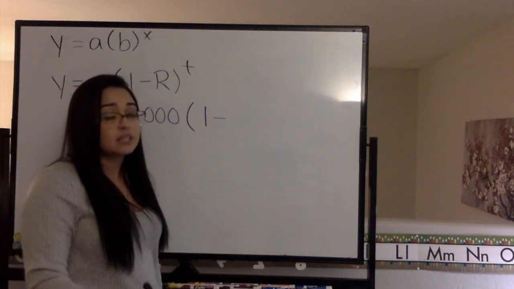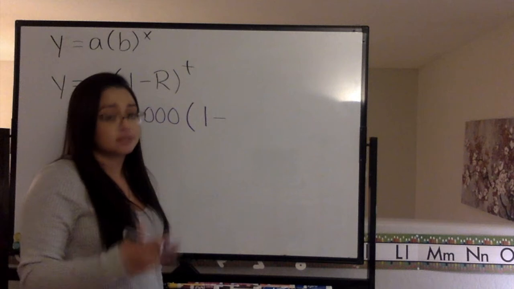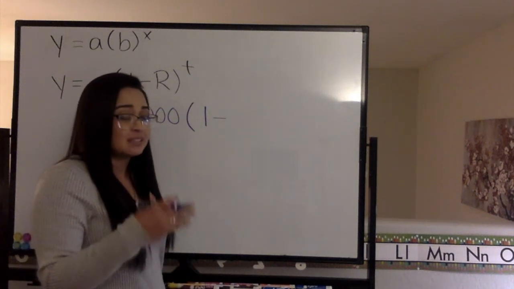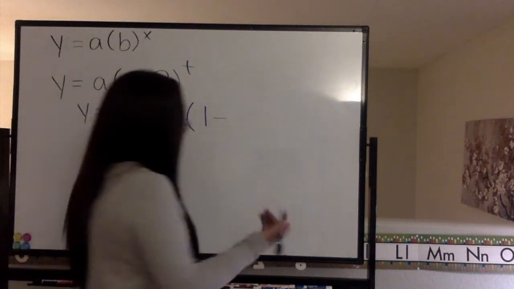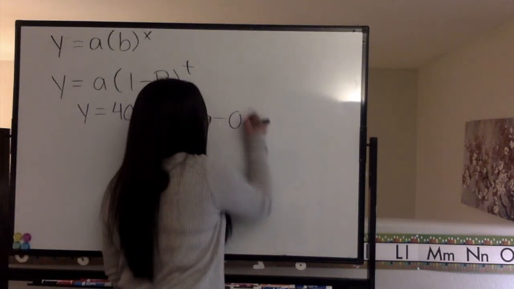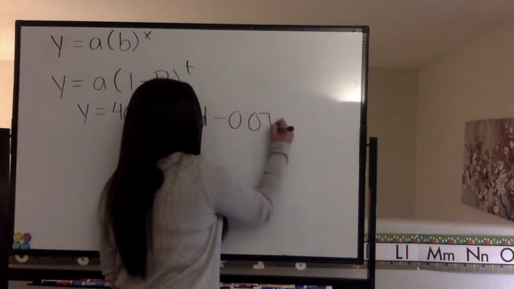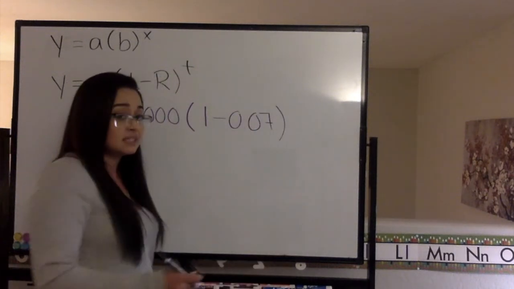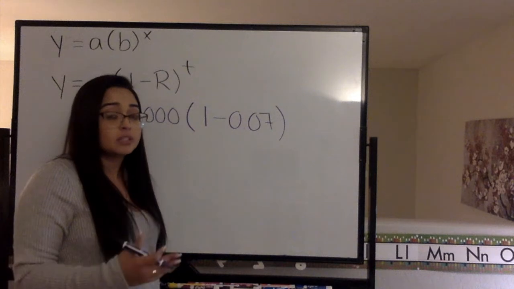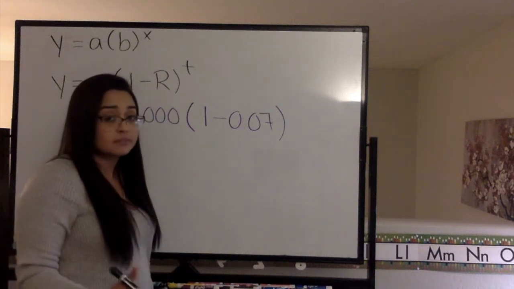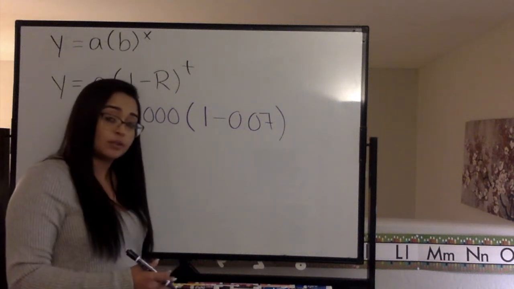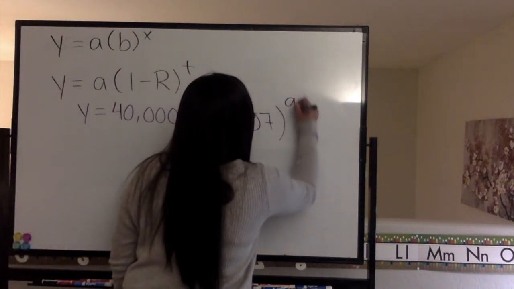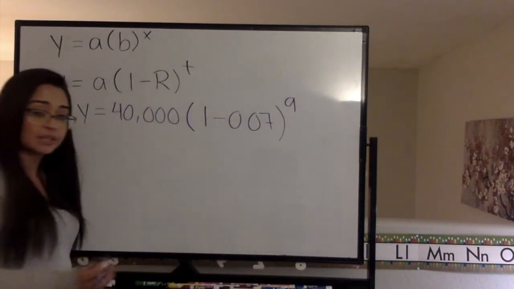Now, to get the decimal version of 7%, we are going to divide 7 by 100, which gives us 0.07. Now, our exponent in this case is the time, which between the year of 2015 and 2024, there are 9 years. Okay?